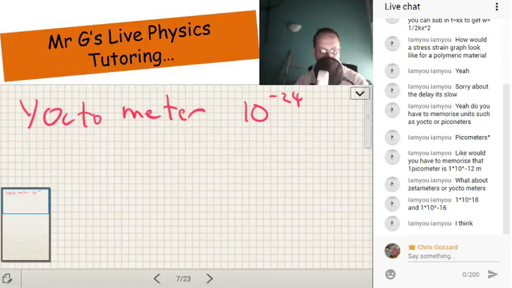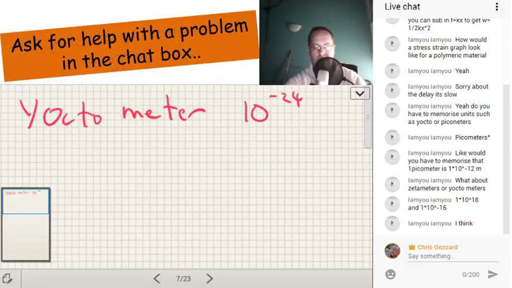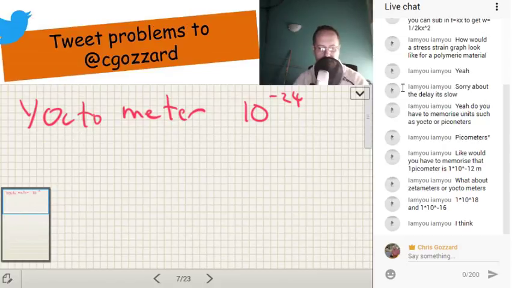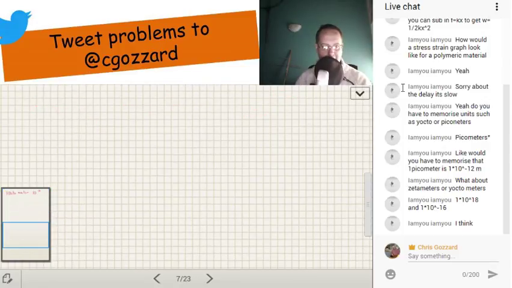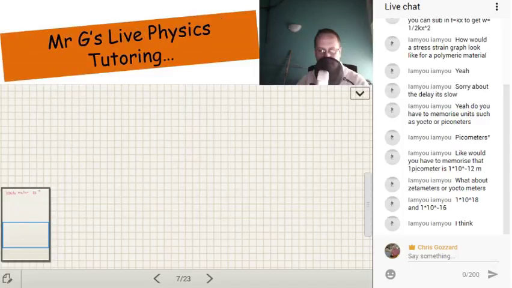I really don't know. Zeta meter. What unit is a zeta meter? I don't know. Let me get rid of this because I don't want to start confusing people. The zeta meter, 10 to the 21? Oh, I don't know.